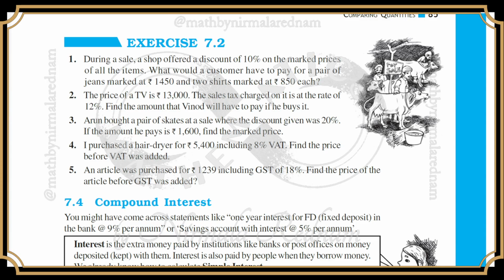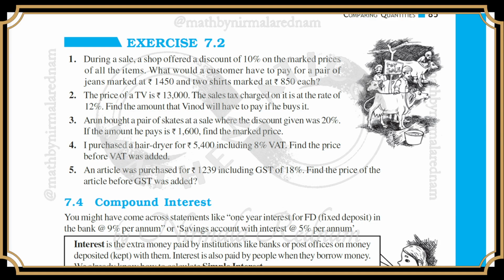The price of a TV is 13,000. Sales tax is charged on it at the rate of 12%. What amount do you have to pay? So here what is given is the price of the item and then the tax that is charged on it.